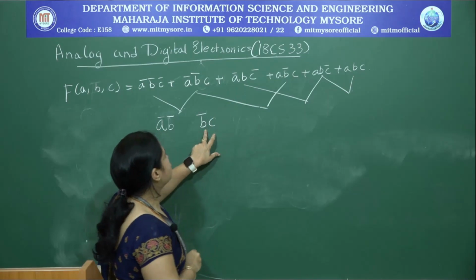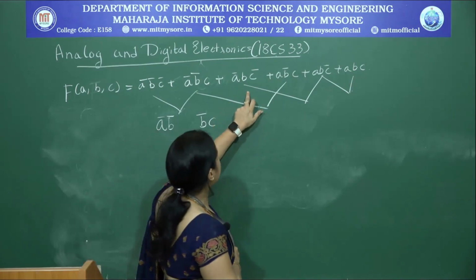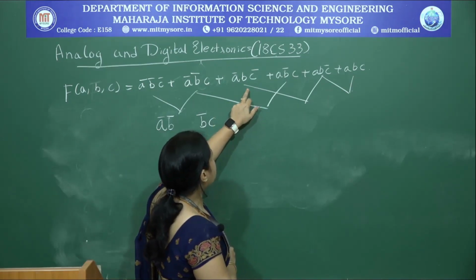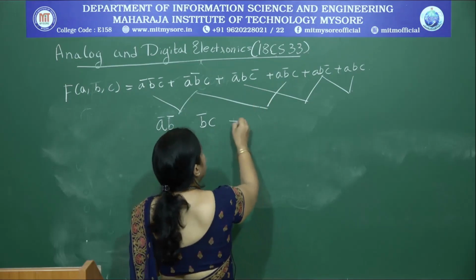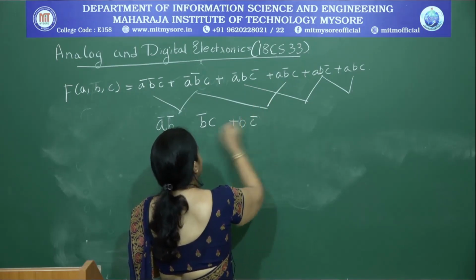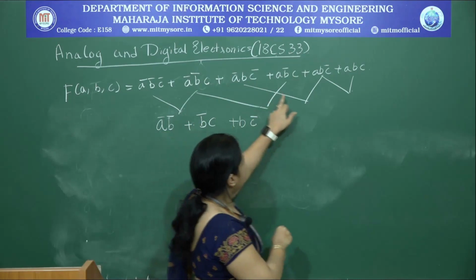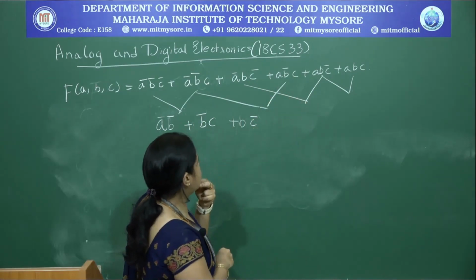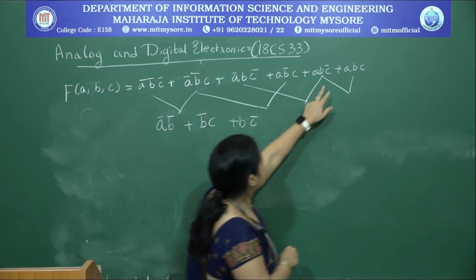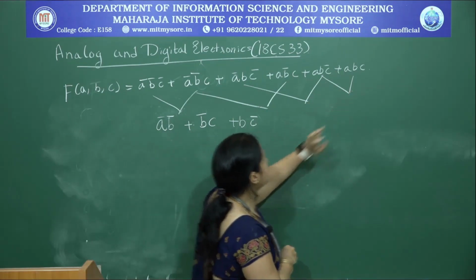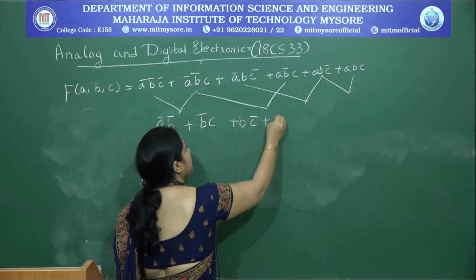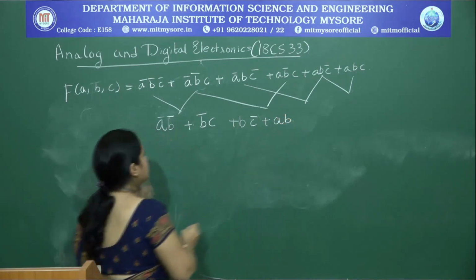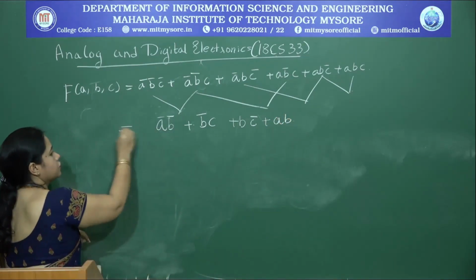These two terms get reduced to B bar C. And coming to this combination, we have B C bar common, so it reduces to B C bar. And the final term is A B C bar and A B C. C bar gets eliminated, and we end up getting this. This is one possible solution.